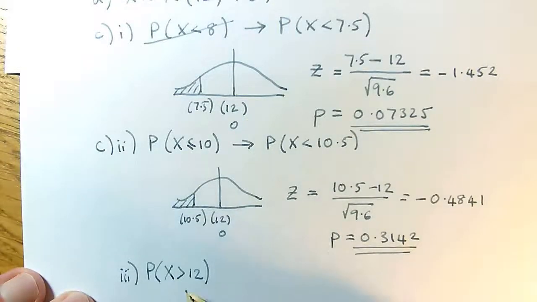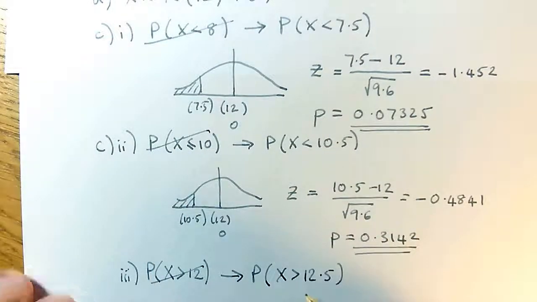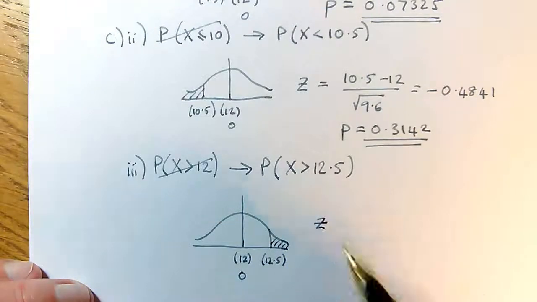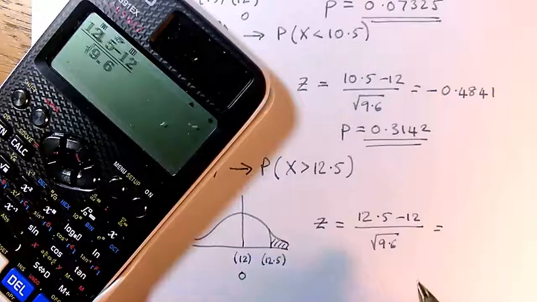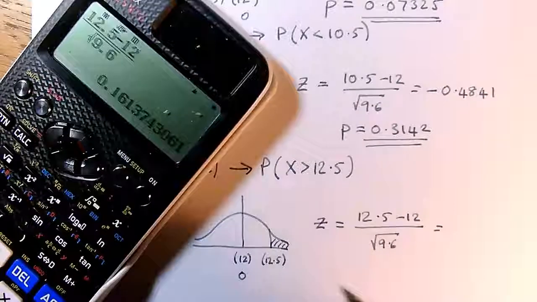The next probability asked for is x greater than 12, but I've already transformed that into the continuity correction. X has got to be greater than 12.5. So I can say goodbye to this. Okay, this is the one that I'm using the normal distribution for. So I do my diagram. 12.5 is above 12, and I want to be bigger than 12.5. The z calculation is very similar to the previous two. Here it is, and my calculator tells me the answer to that is that.